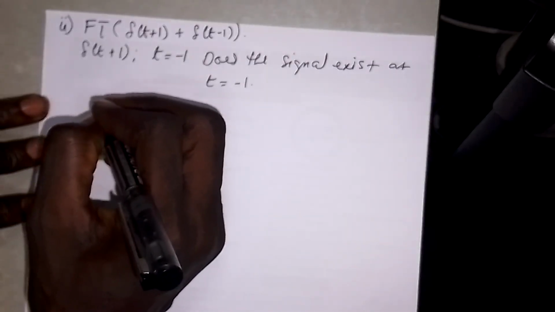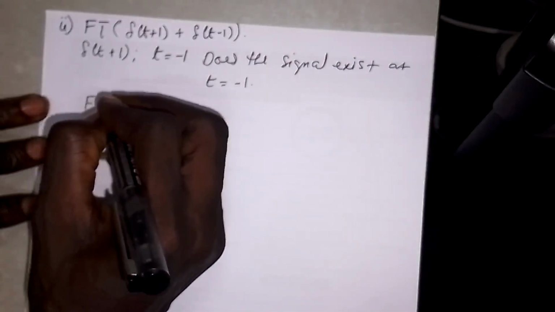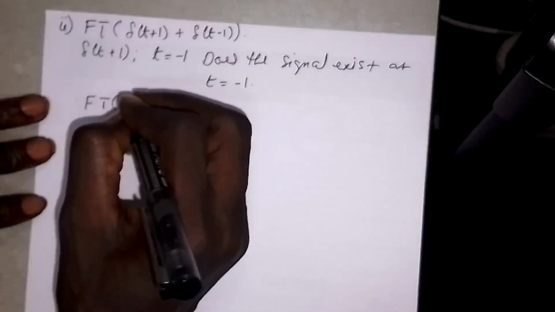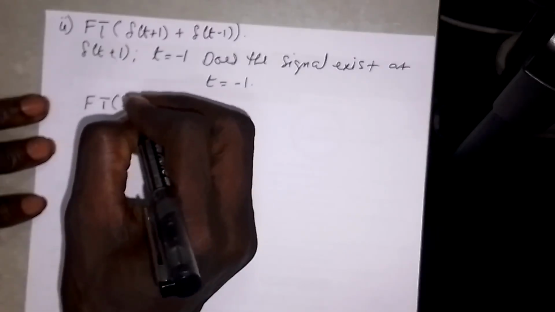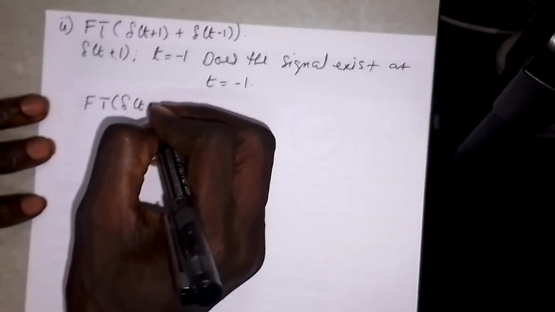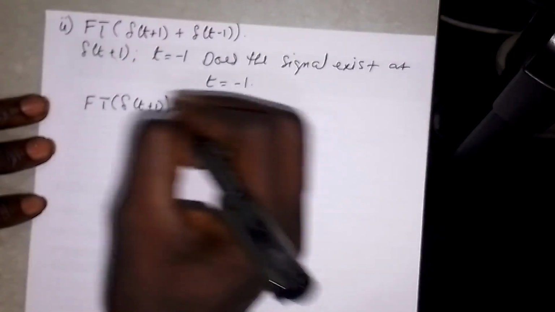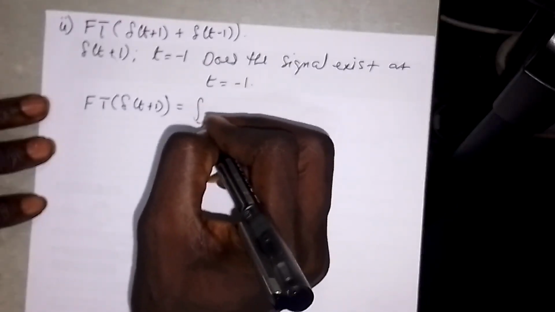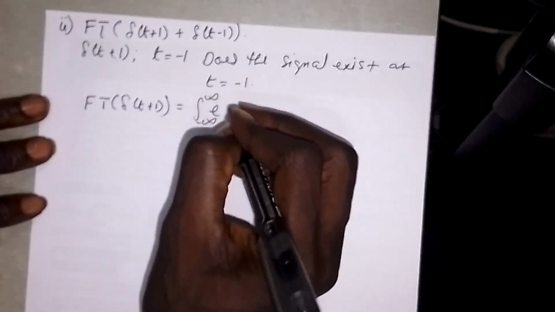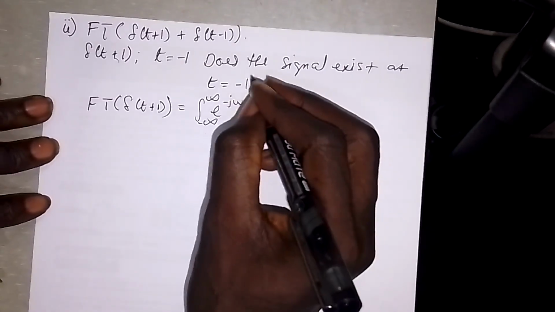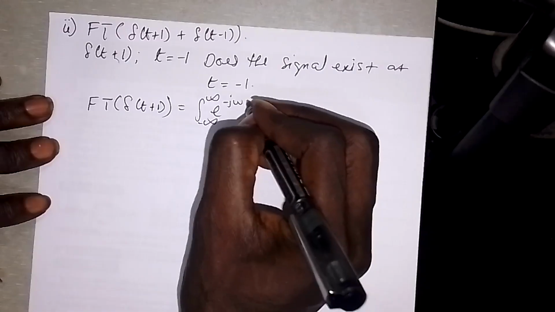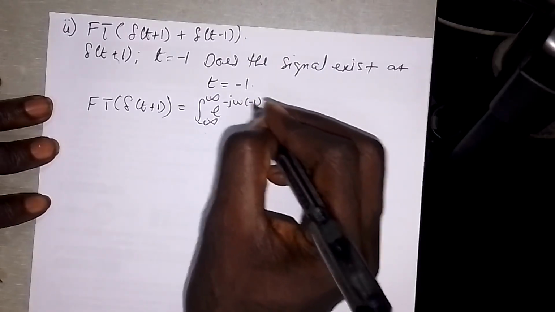So the Fourier transform of delta of t plus 1 is the integral from minus infinity to infinity of e^(-jωt), but t exists at minus 1. So I'll put minus 1 where t is.